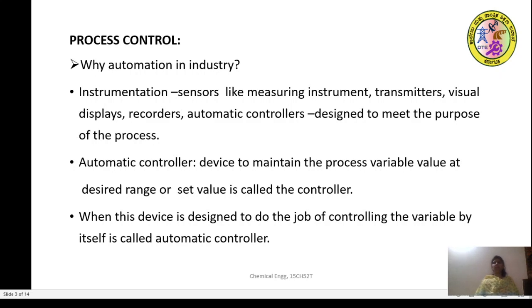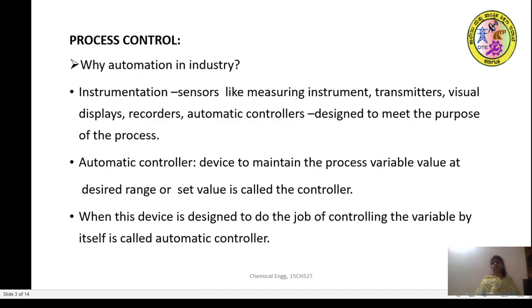In any particular process, in order to achieve a qualitative product, the controller is the main element in any instruments.